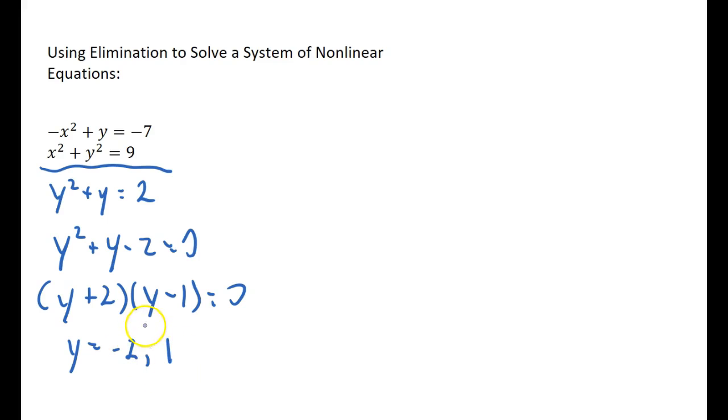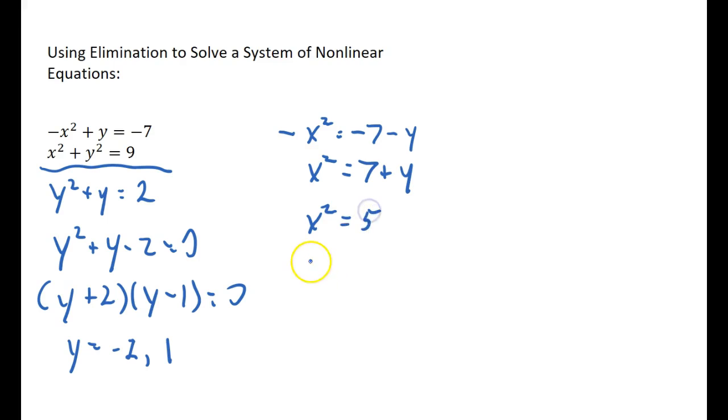All right, now let's take these values and plug them into that first equation. So I've got negative x squared equals negative 7 minus y, or x squared equals 7 plus y. And if I plug in negative 2, I get x squared equals 5, which means x is plus or minus the square root of 5. And if I plug in 1, I get x squared equals 8.